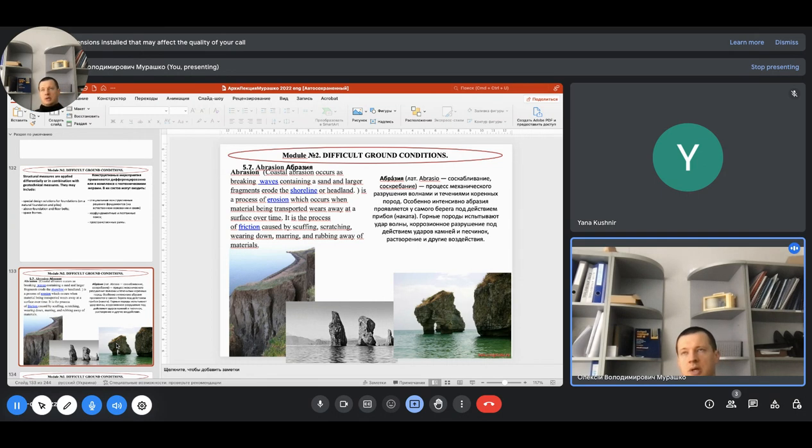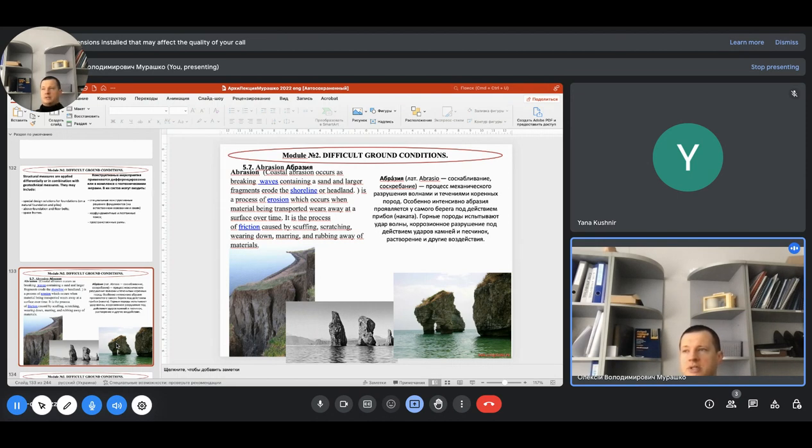First of all, it can be surface water, rainwater, or even underground water of natural origin, or maybe it can be connected with underground water from various pipes and links which are located underground and have leaks, which leads to creation of such cavities, such underground sinkholes. So the next difficult ground condition that we have to discuss is called abrasion.